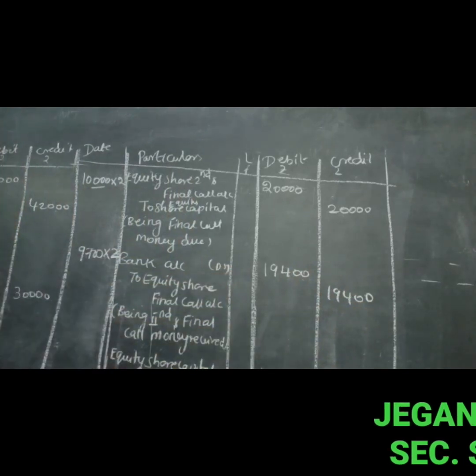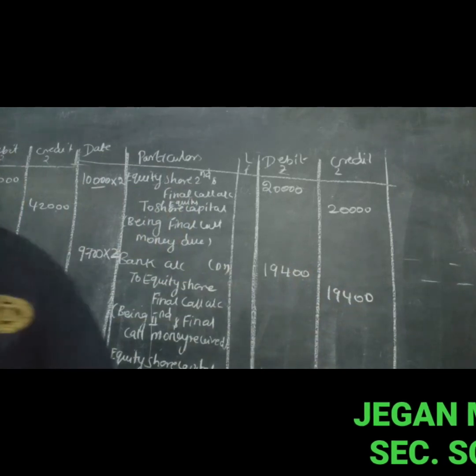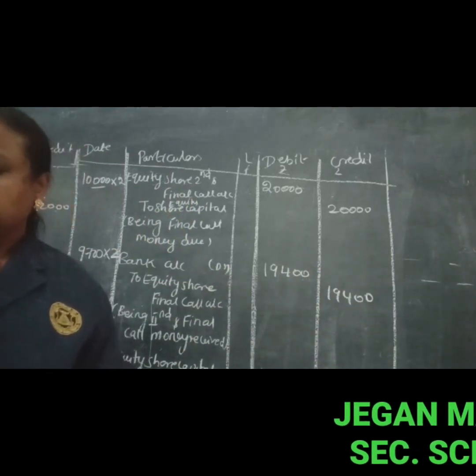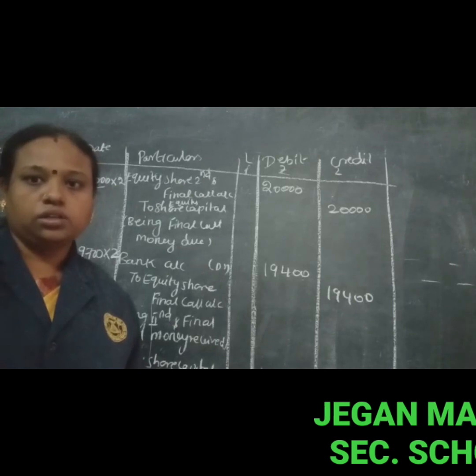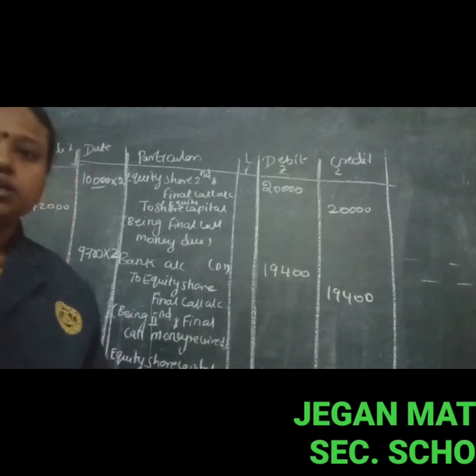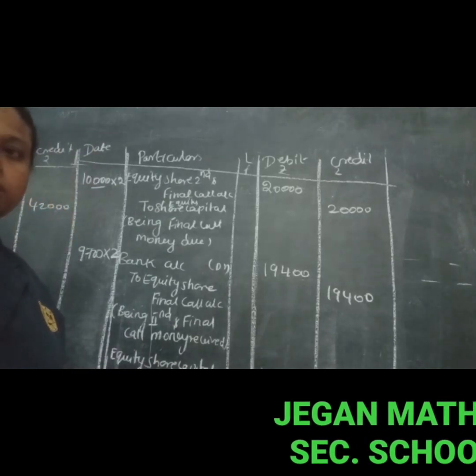Because of non-payment of call money, 300 shares are forfeited, so we have to write the forfeiture journal entry.